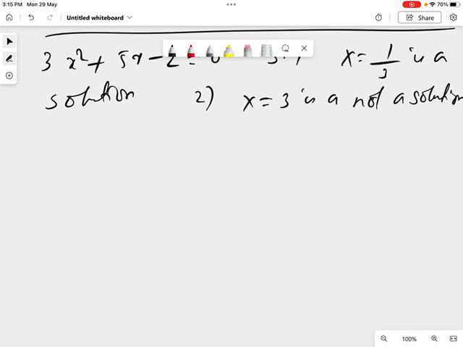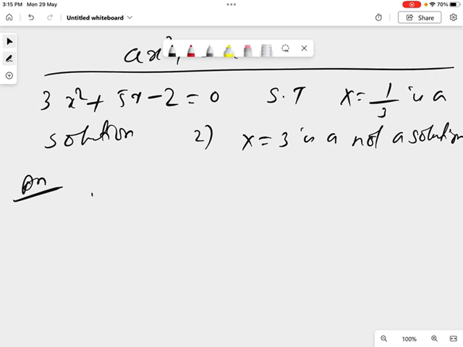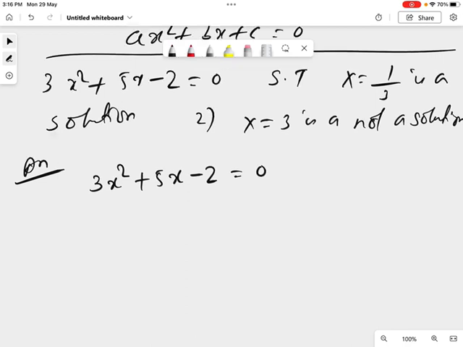Okay, then first, 3x square plus 5x minus 2 is equal to 0.